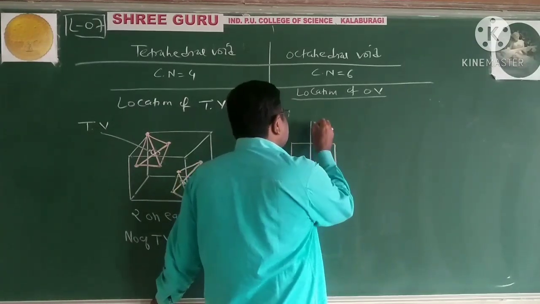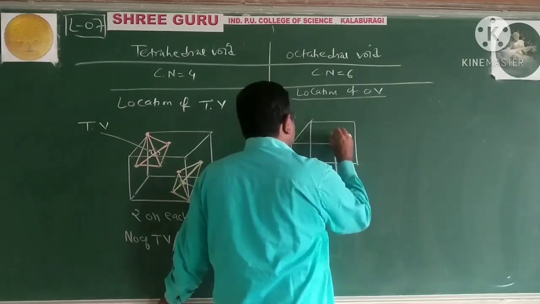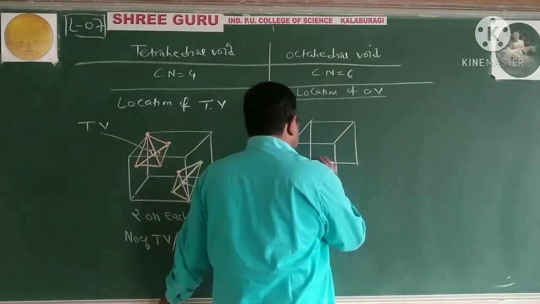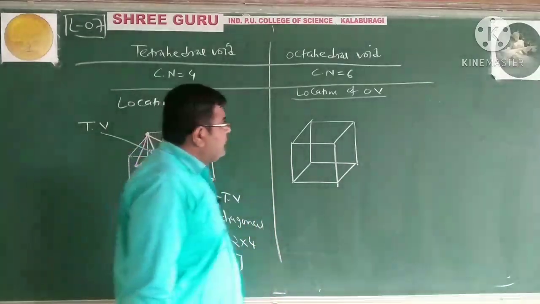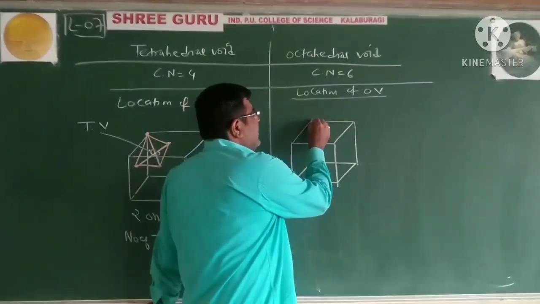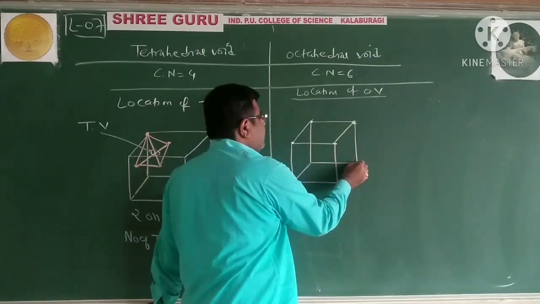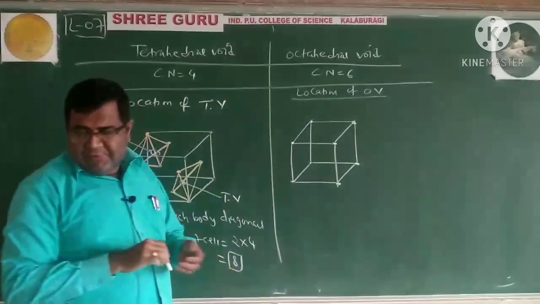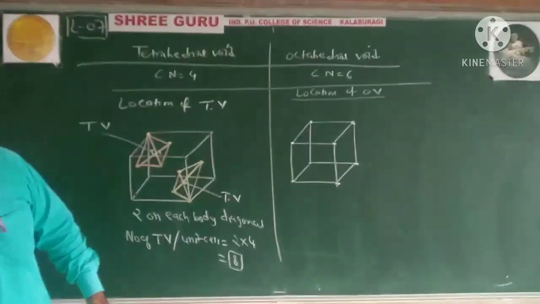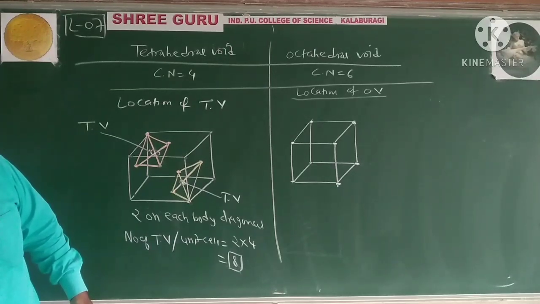If you just see it in the textbook or on the board, you will not remember it. So this octahedral void location we are drawing here. Octahedral void is created first in the body center. How is it created in the body center? You can look at this diagram.